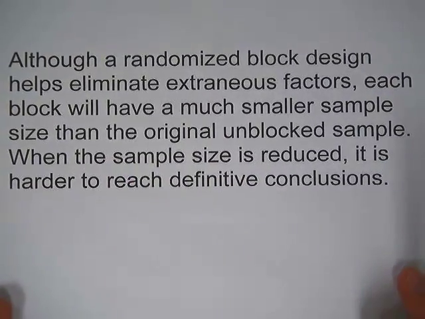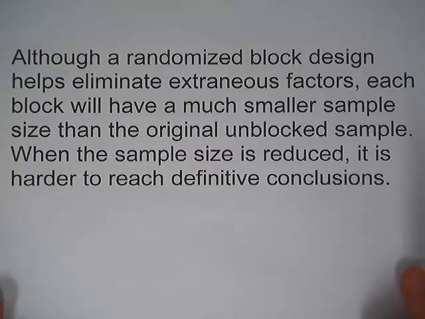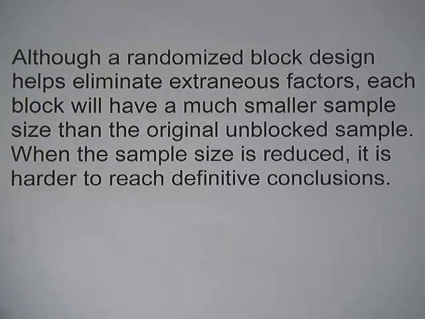Now, one flaw of the randomized block design is that although it helps eliminate extraneous factors, each block would have a much smaller sample size than the original unblocked sample. So when the sample size is reduced, it's harder to reach definitive conclusions.